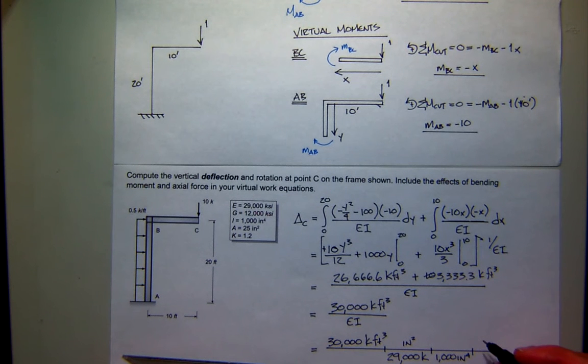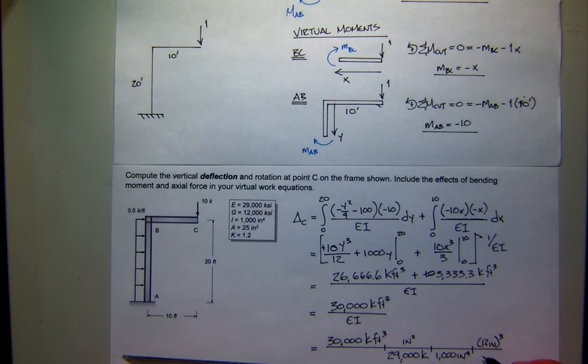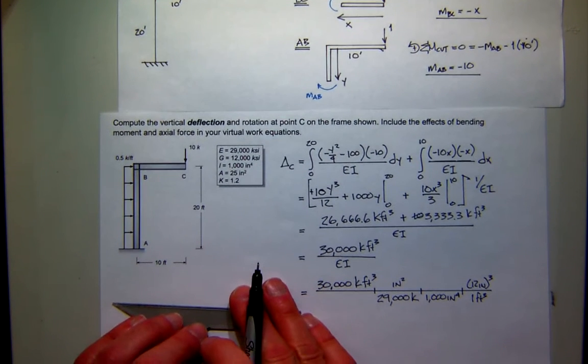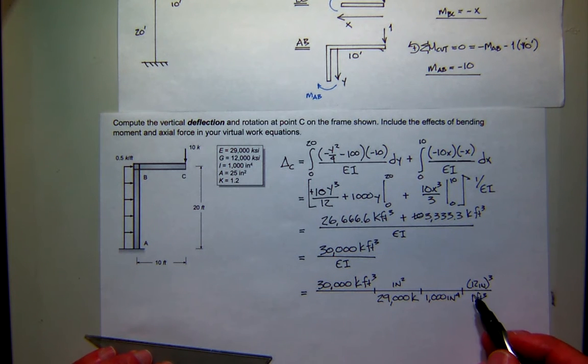So we have 12 inches cubed is 1 foot cubed. So we should be left with just inches. That's what 12 cubed is, 1728.